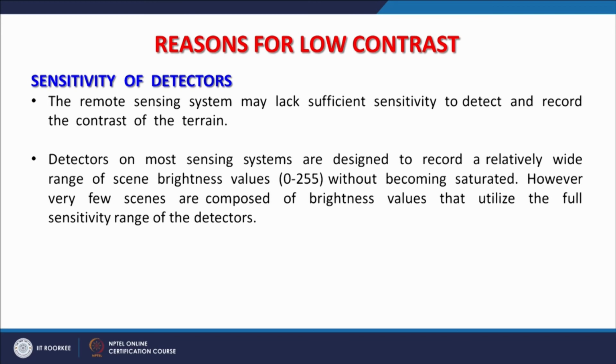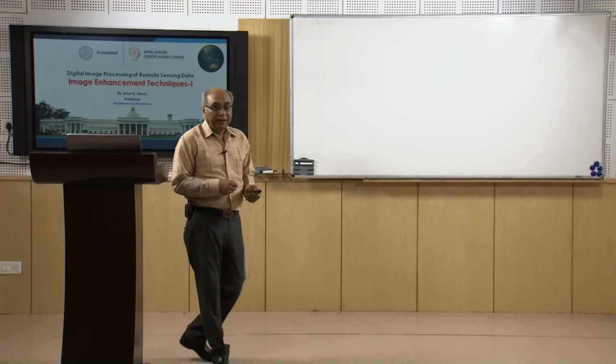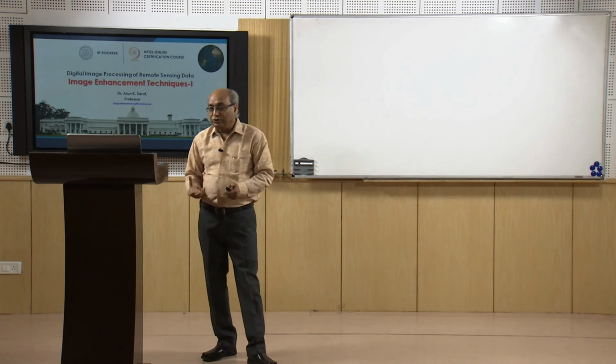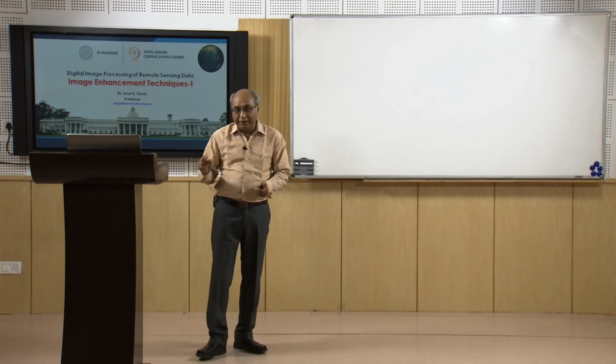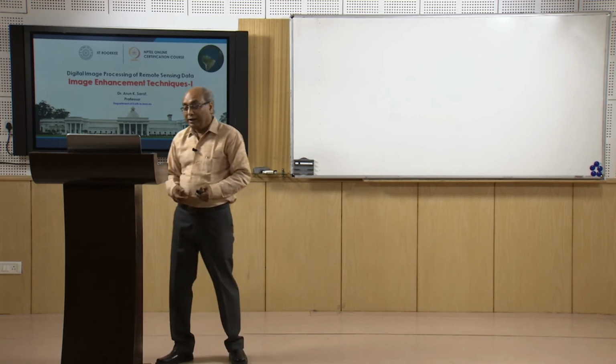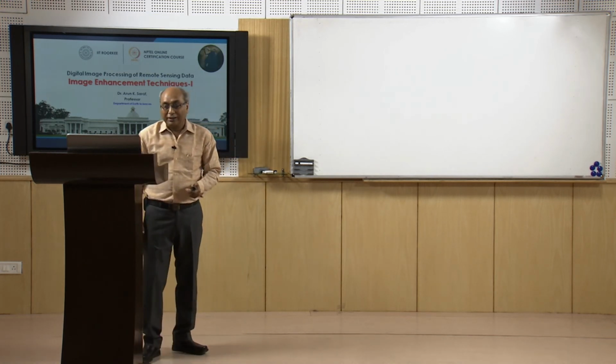But in some cases, very few scenes are composed of brightness values that utilize the full sensitivity or range of detectors. And if an image has pixel values completely exhausting the range, then there is no scope for any further enhancement.